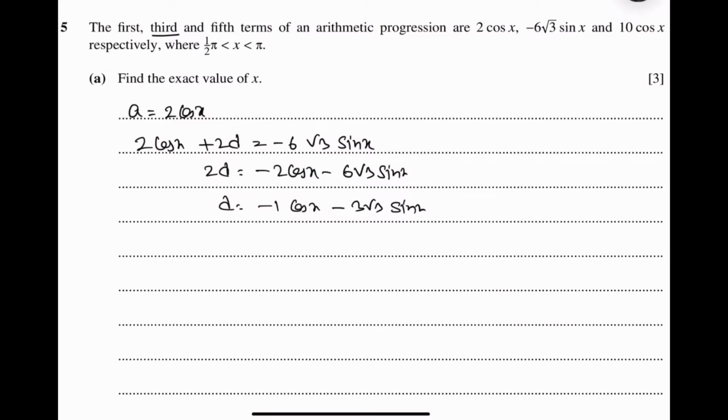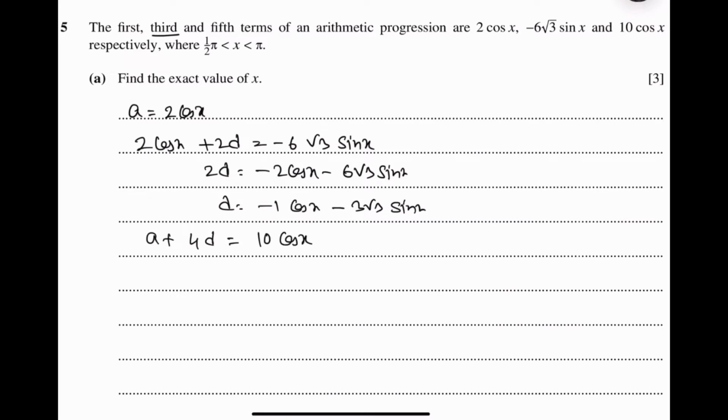So I have got a, then we have got d. We can use all this information in the fifth term. The fifth term means a plus 4d. a plus 4d equals 10 cos x.